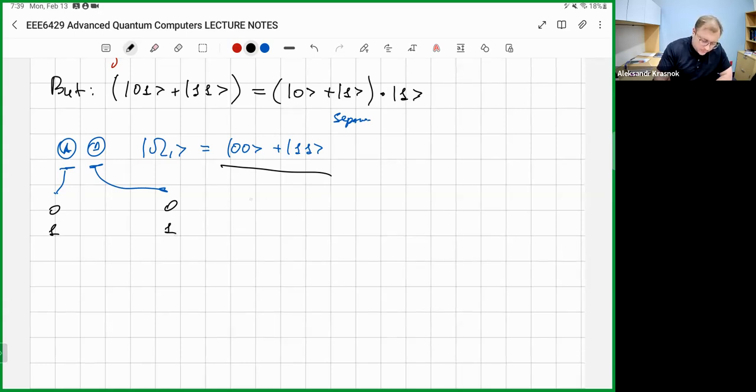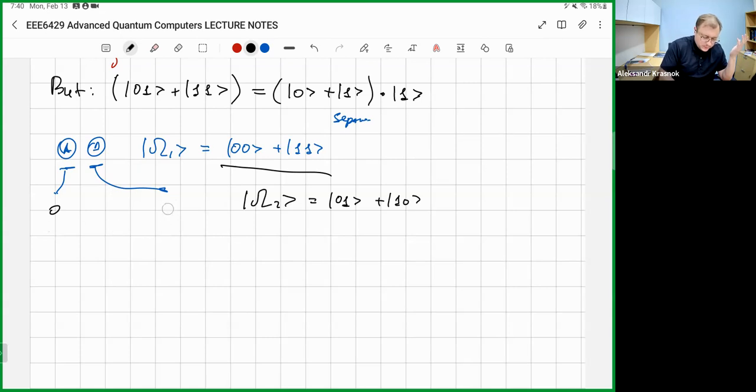The same way, if you prepare the second Bell state, which is 1, 0 plus 0, 1, right? You do the same: you prepare the system, split it, send the second part to the moon, and then do the measurement.